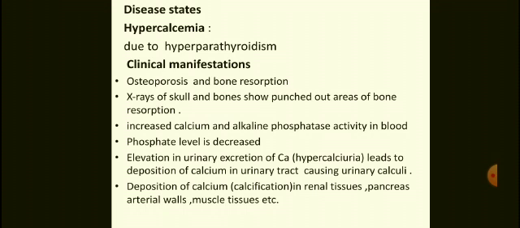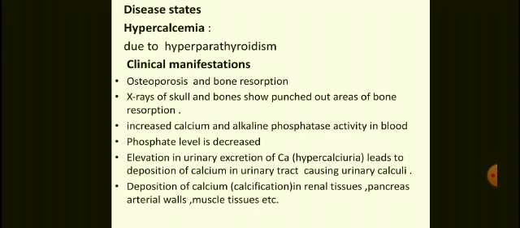Next is disease states. First one is hypercalcemia. If the level of calcium is more than 11 milligram per dL, then we can say that is hypercalcemia. And this can be due to hyperparathyroidism.